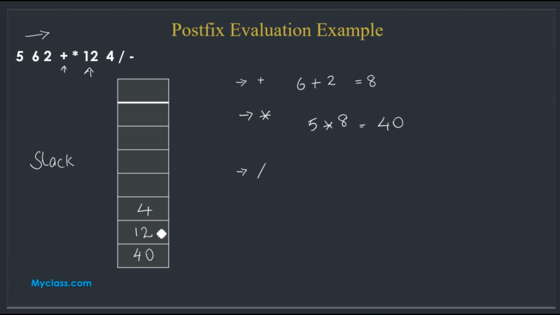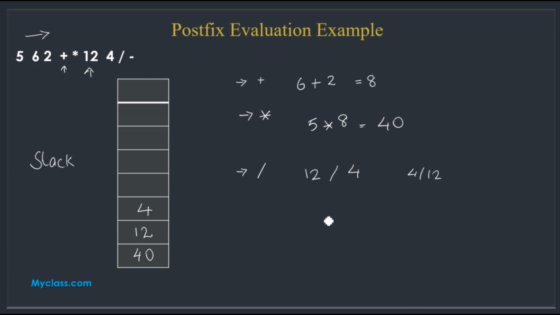So division. We want to do two pop operations from the stack. We are popping 4 first and we are popping 12 second, and we want to do the operation like this, not 4 divided by 12.